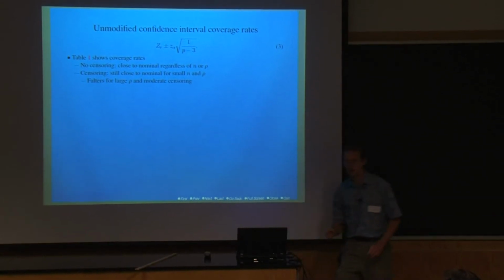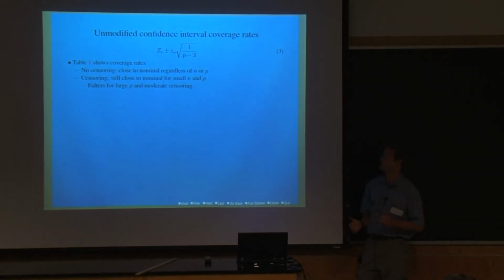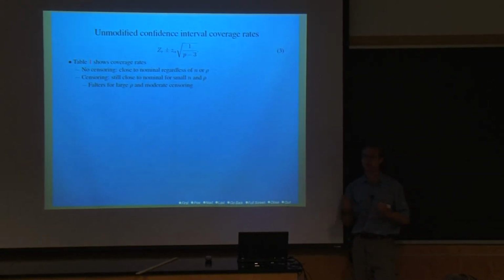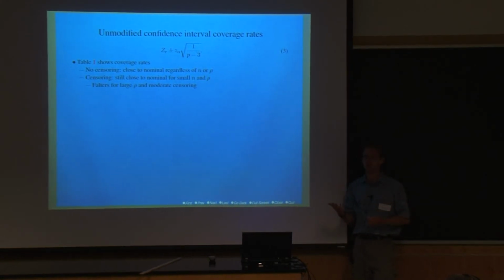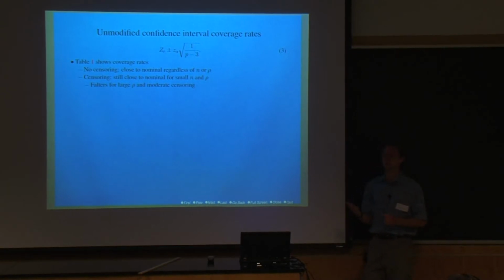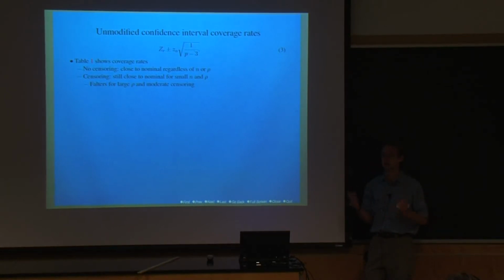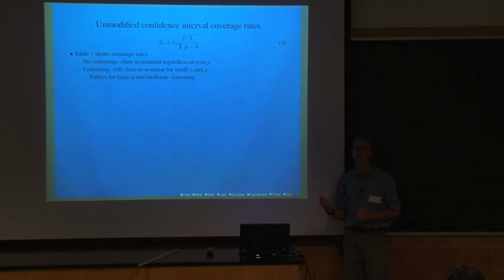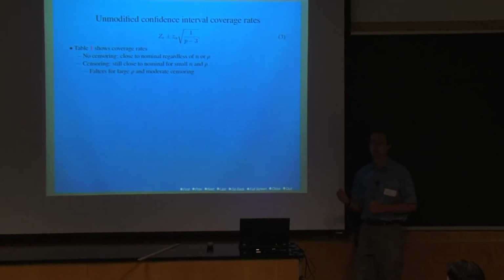Before I go on, what I mean by coverage rates is this: you could do a simulation where you simulate a lot of different confidence intervals, then figure out how many of those actually capture Rho, and that gives us our coverage rate. If our assumptions hold, then we would expect that coverage rate to be around 95%.